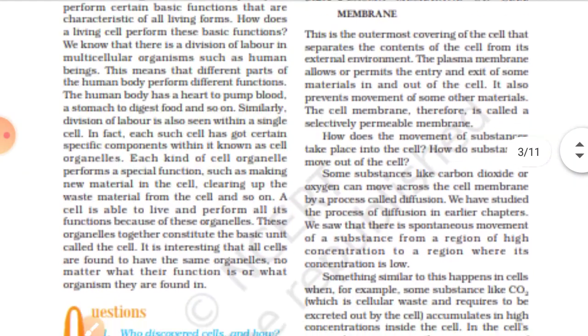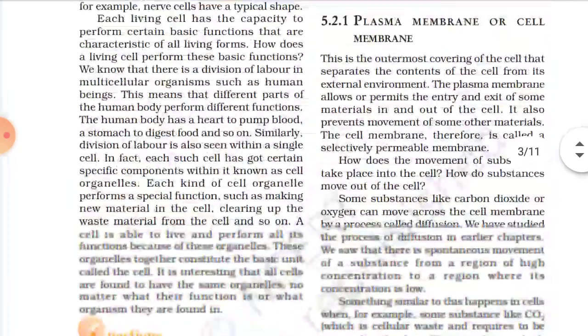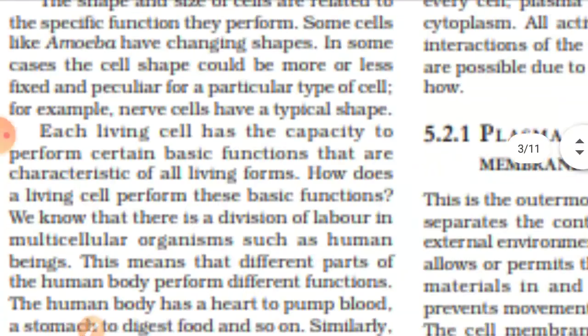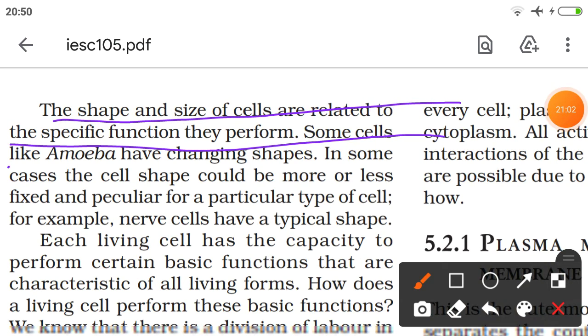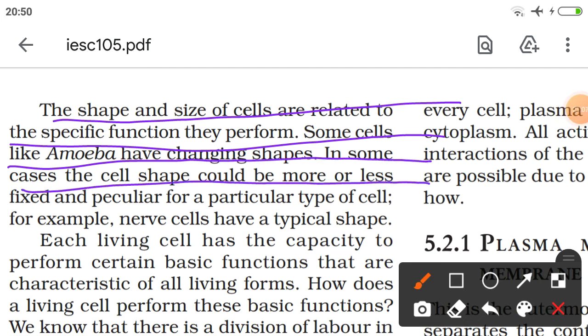So now we are going to know about the shape and size of cells, which are related to the specific functions they perform. Some cells like amoeba have changing shapes. In other cases, cell shape could be more or less fixed, peculiar to a particular type of cell. For example, nerve cells have a typical shape.